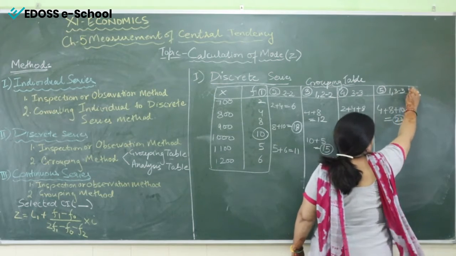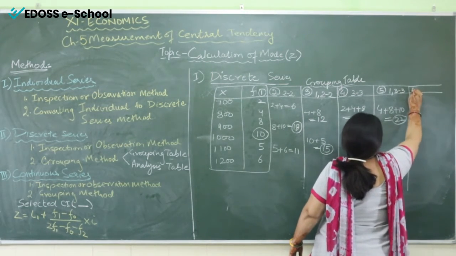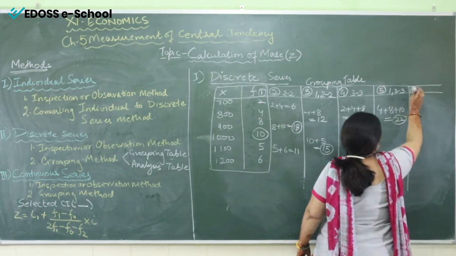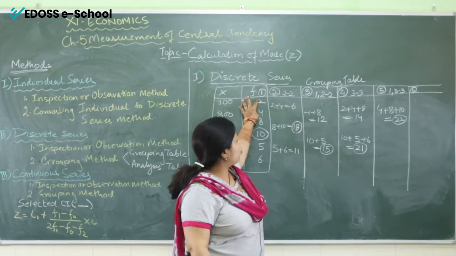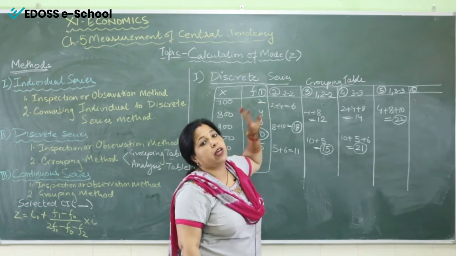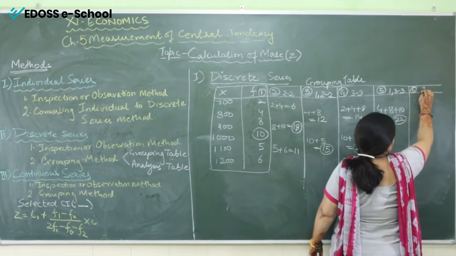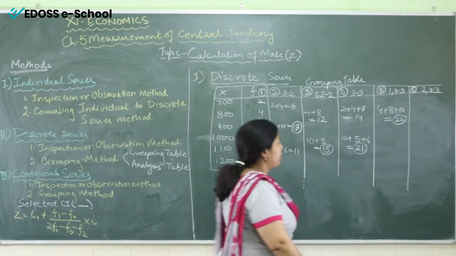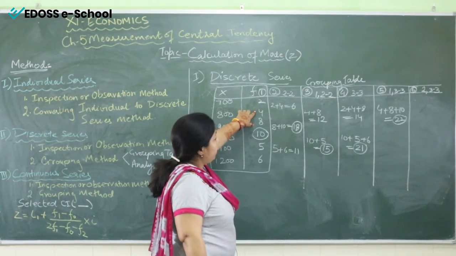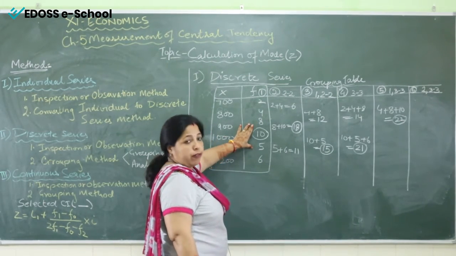And after this comes the last column, that is the sixth column, and in sixth column what will we do? क्या करेंगे हम इसमें? हम 2 नंबर्स को छोड़ेंगे और फिर 3 के ग्रुप बनाएंगे. ठीक है, तो क्या करा हमने? 2 numbers को we will leave it and we will make the group of 3 numbers. So we are leaving 2 and 4, and after that we will start. So 8 plus 10 plus 5.